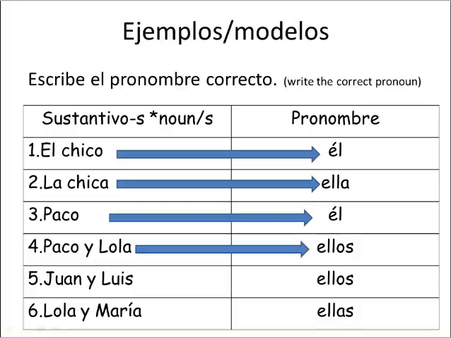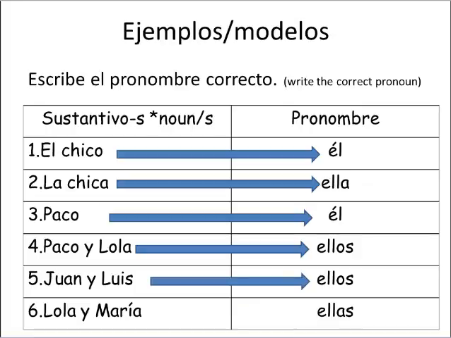Número 5, Juan y Luis. Again, we're talking about Juan, and we're talking about Luis. We're talking about what they do. In this case, Juan y Luis are both masculine individuals, so we would use the pronoun ellos, third person plural. And then Lola y Maria.